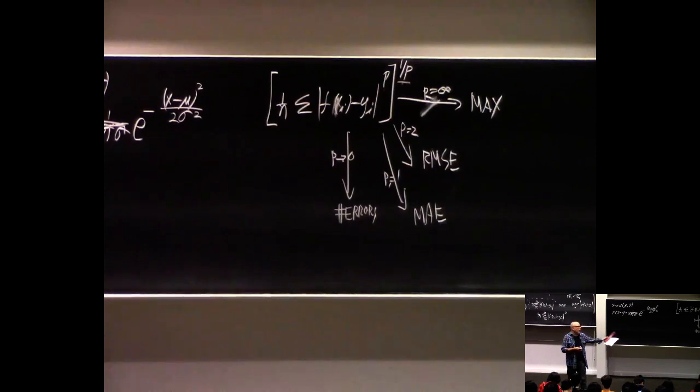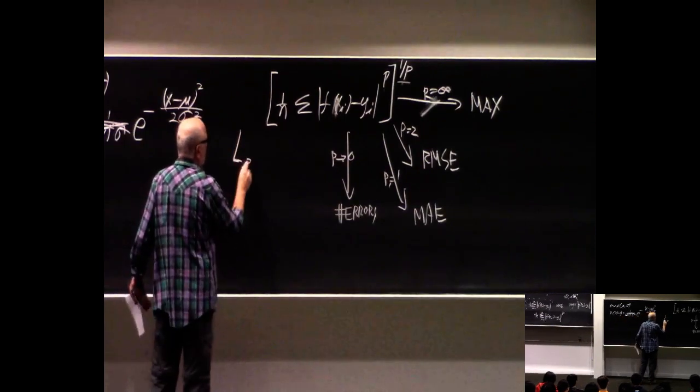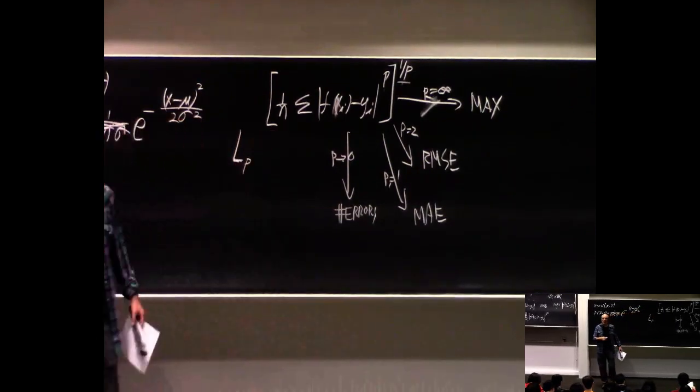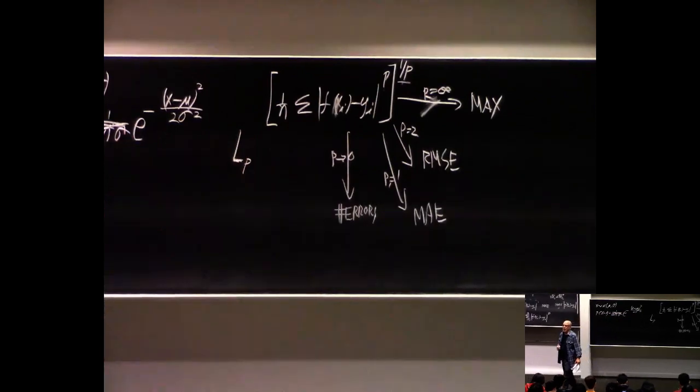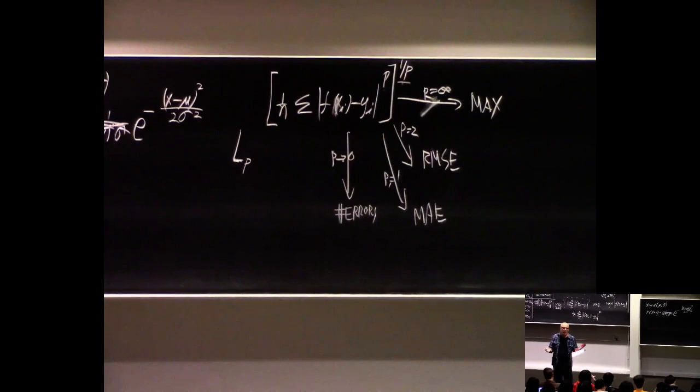If you are using a norm like this, and this is called an Lp norm, or a performance measure like this, if you want to compare apples to apples, if you want to compare an L2 norm to an L1 norm to an L7 norm, you should raise it to the power of 1 over p so that the result is expressed in the same units.